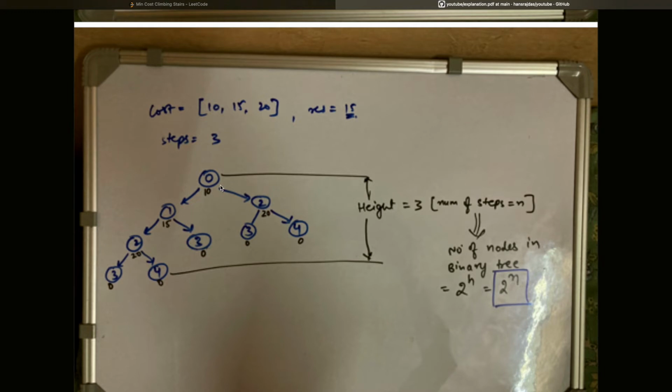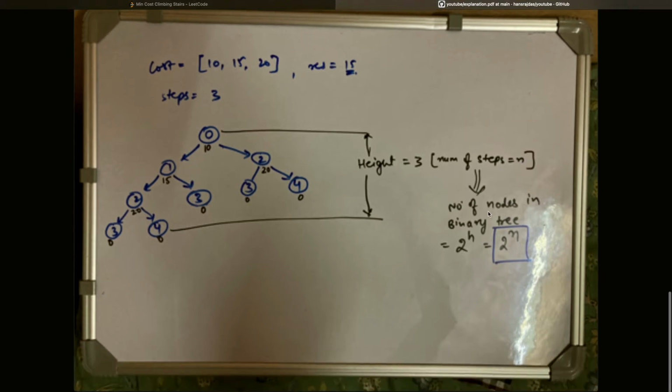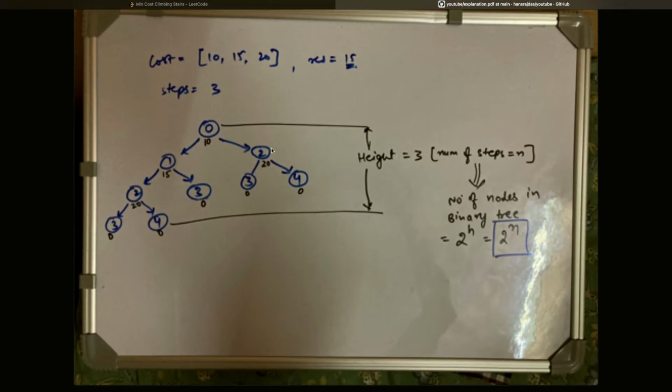So the height of this tree will be 3 if I am counting the number of edges. We have 3 edges, and 3 is equal to the number of steps. Here we had 3 steps, so the height of the tree was 3. And this is actually a binary tree, or in fact a balanced binary tree.